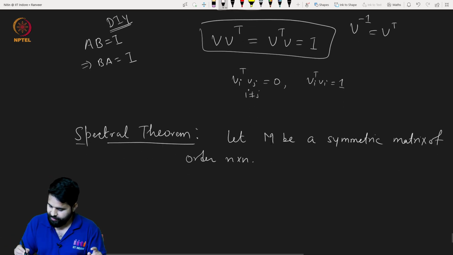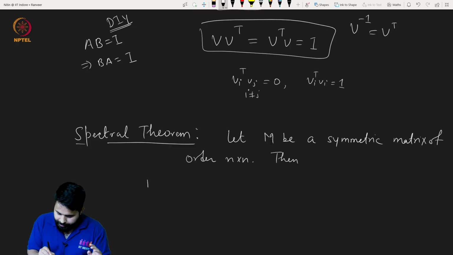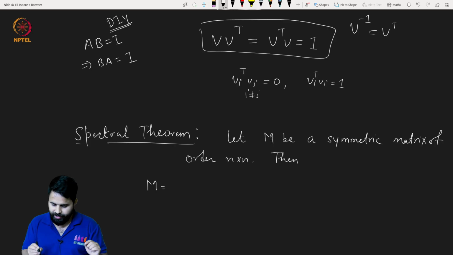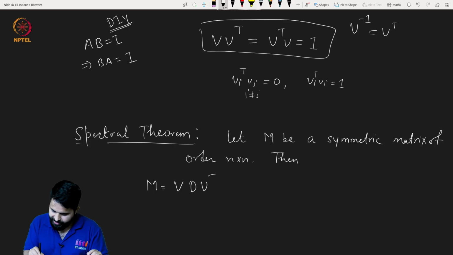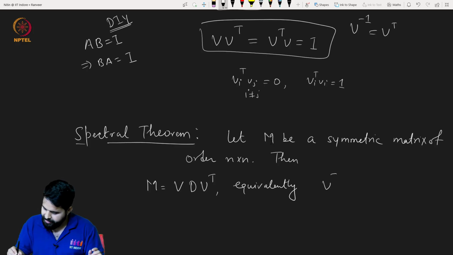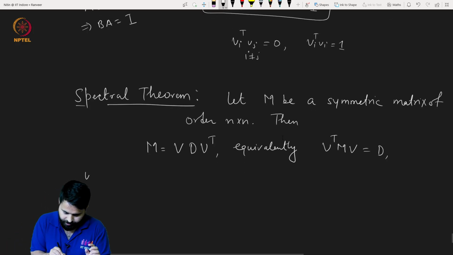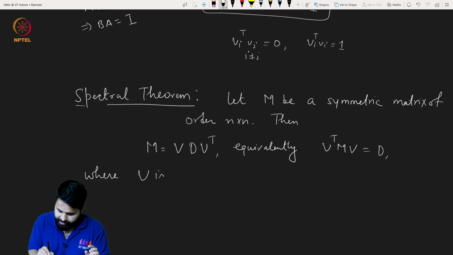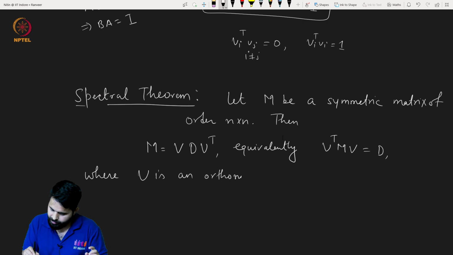Then you can write M as V D V transpose, or equivalently V transpose M V equal to D, where V is an orthogonal or orthonormal matrix.